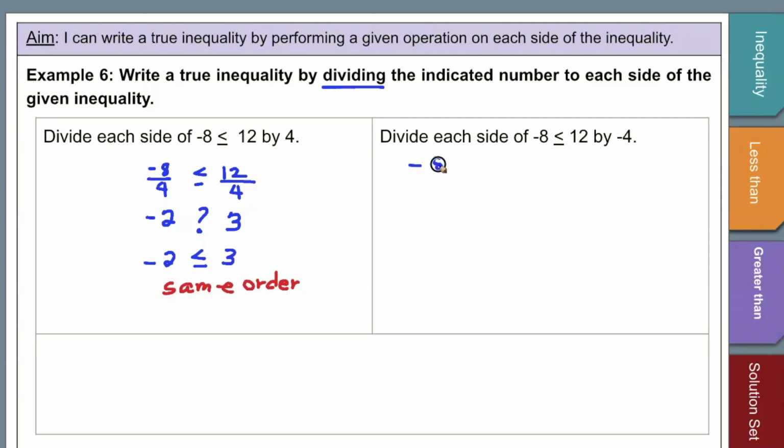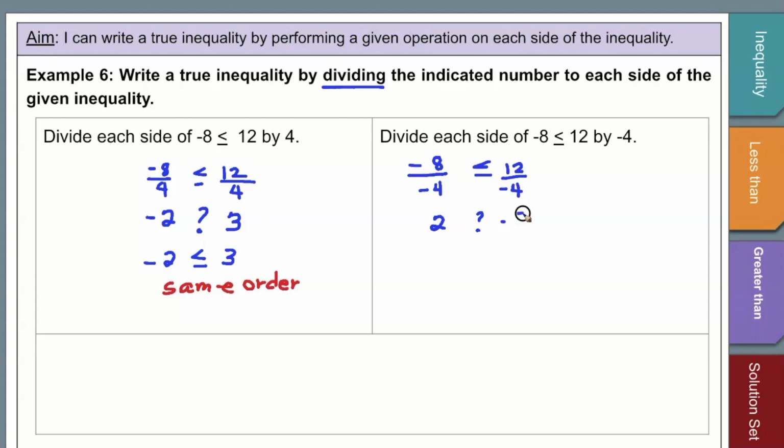For the second example, divide each side of negative 8 less than or equal to 12 by negative 4. This would result in a positive 2 and a negative 3. Is positive 2 less than or equal to a negative 3? This is not a true inequality.